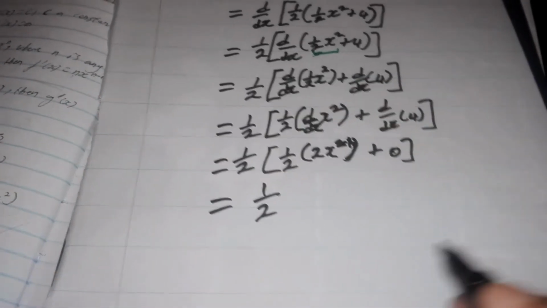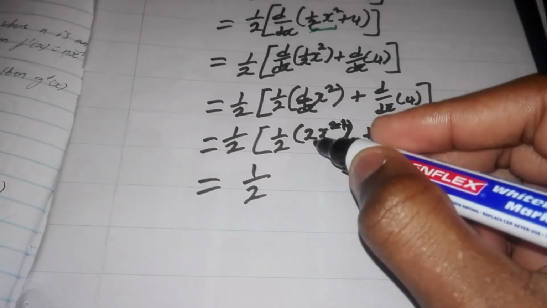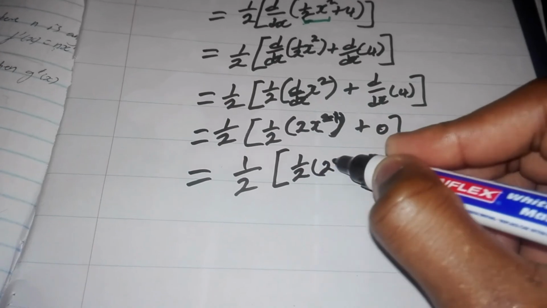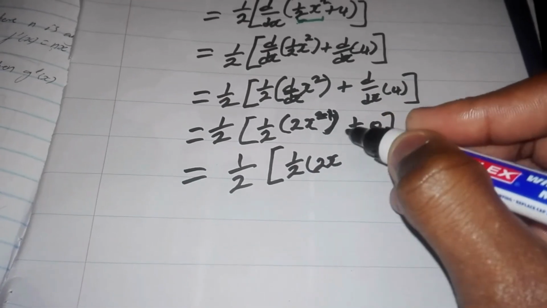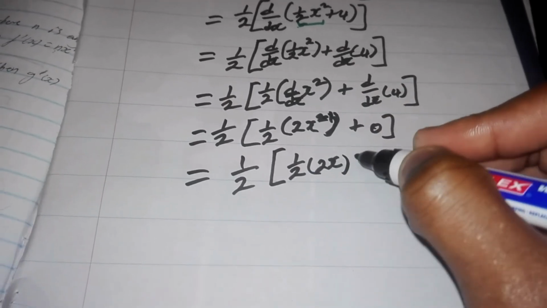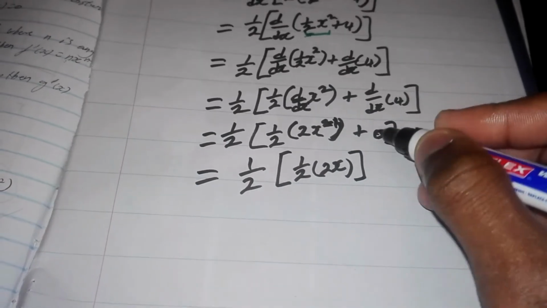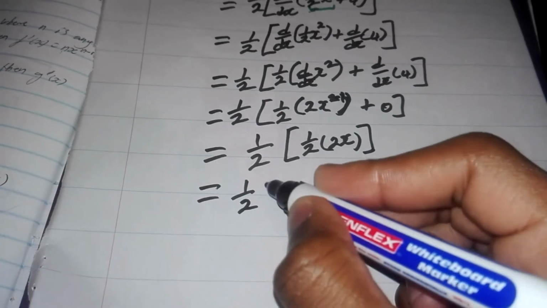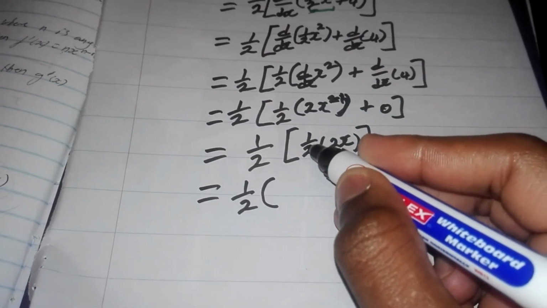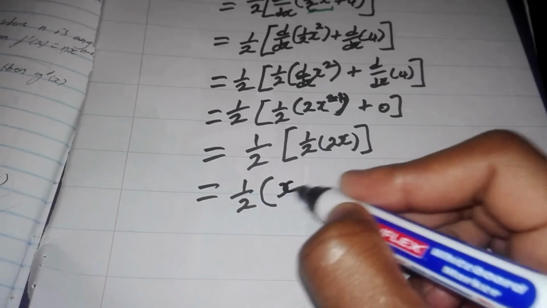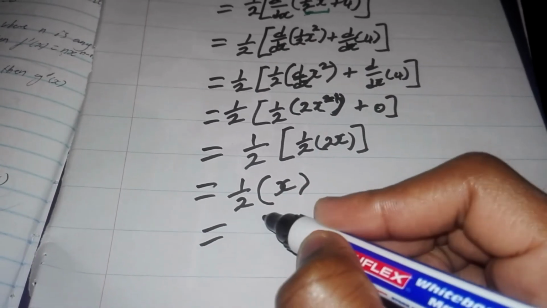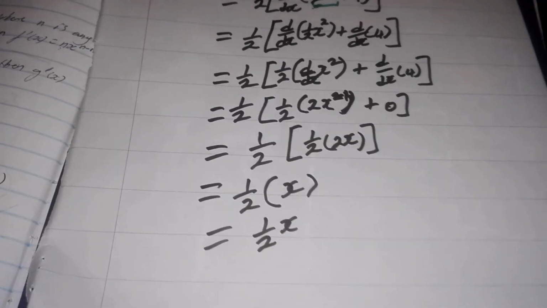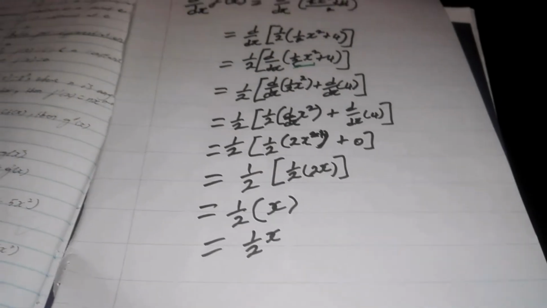Then you can simplify this. This is the same as 1 over 2 times 2x to the power 2 minus 1, which is 1. So we have 1 over 2, and this multiplied by this is x, and then we have 1 over 2 times x. This is it.